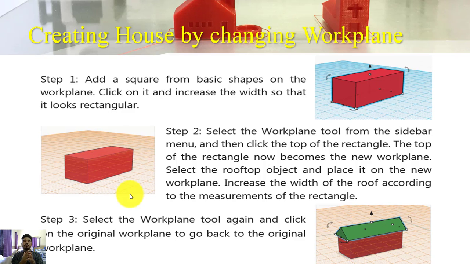So here I'll show you how to create a house with a roof using this changing work plane option. So first we will अपने normal work plane पे take one rectangle and paste it on our work plane. उसका जो भी height, width, whatever we want to do, that we have to do. Okay, then simply click on that work plane option and click at the top of that rectangle.